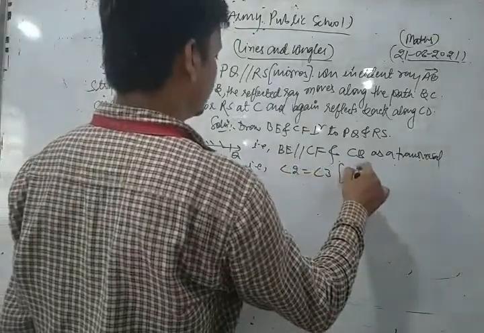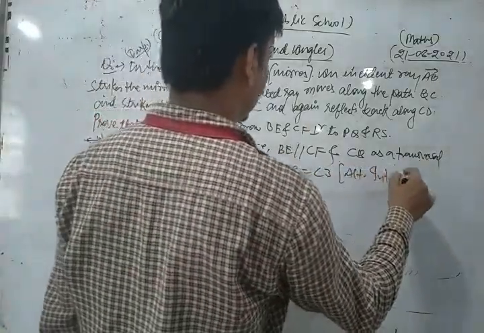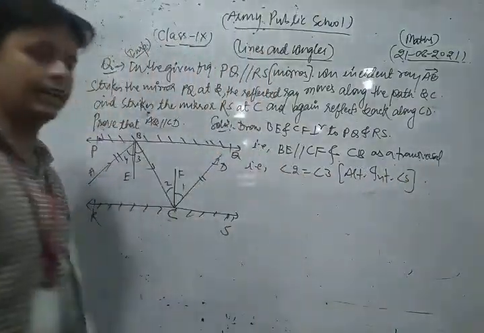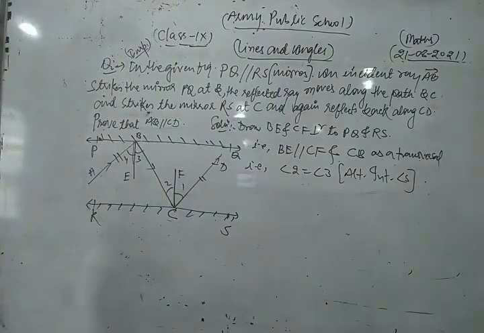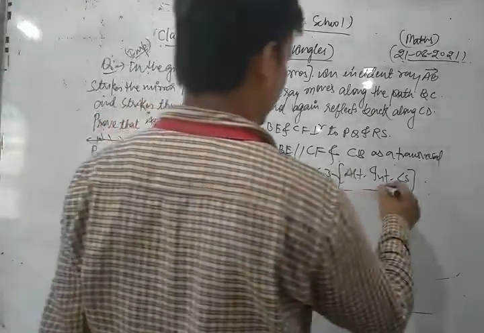These are alternate interior angles, and you know that alternate interior angles are equal to each other. Now angle 2 is equal to angle 3. We take this as equation number 1.